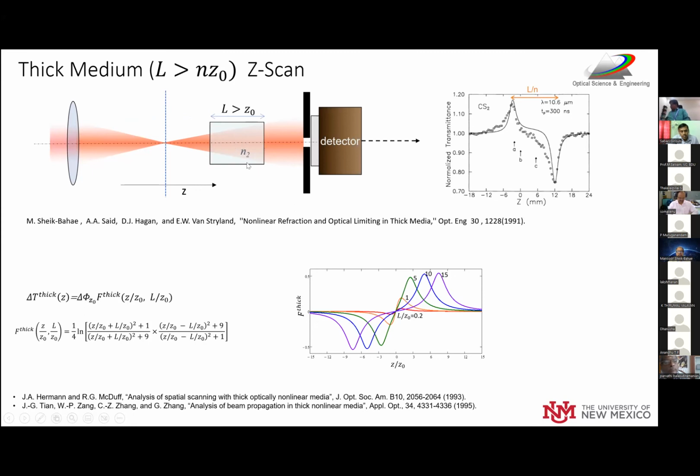And in between, they cancel each other and it becomes a flat region. And of course, if you have a very long material, it becomes very flat towards the center. And you can also derive a very simple expression for analysis of this, right?